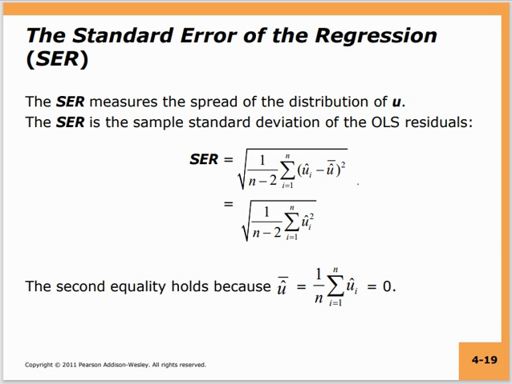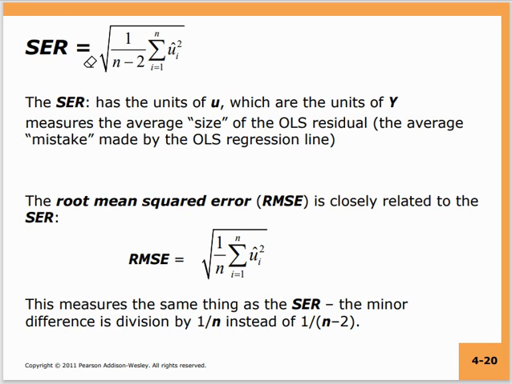So SER is equal to the root of 1 by n minus 2 times the summation of ui hat whole square, summed over i equals 1 to n. You will see that it is in the units of u, which are the units of y.